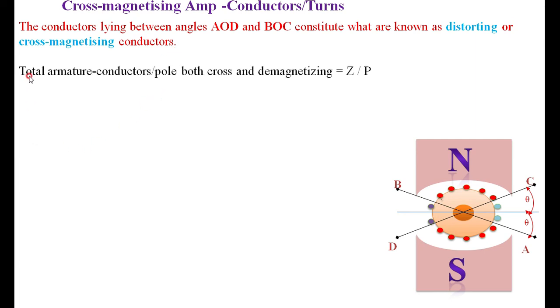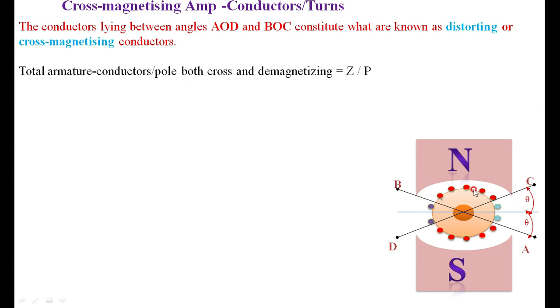First I am calculating the total armature conductors per pole. How many conductors are there? Z number of conductors are there. How many poles are there? I am taking a general P number of poles. Therefore, first I am considering the total number of conductors per pole. Z is the total number of conductors.